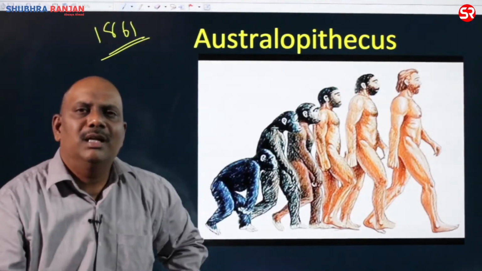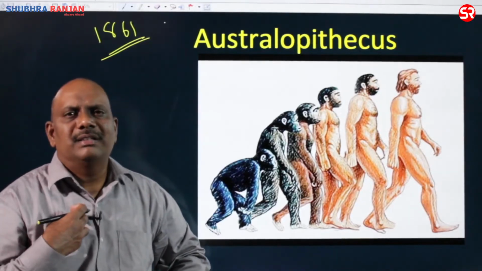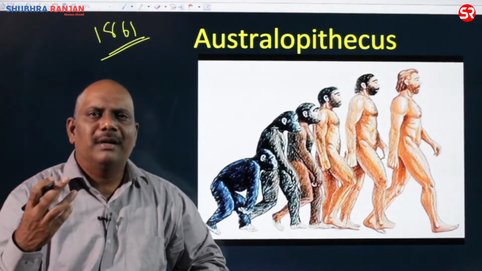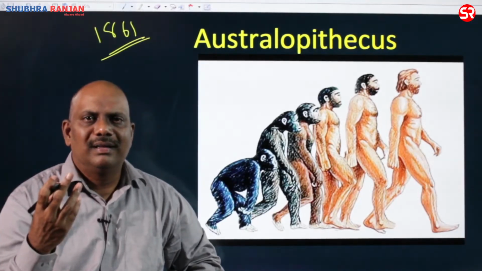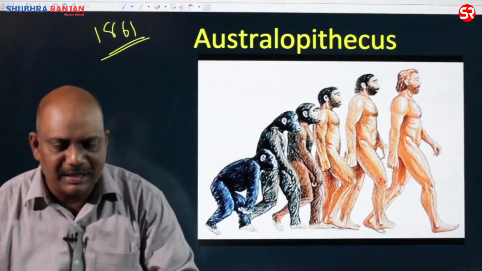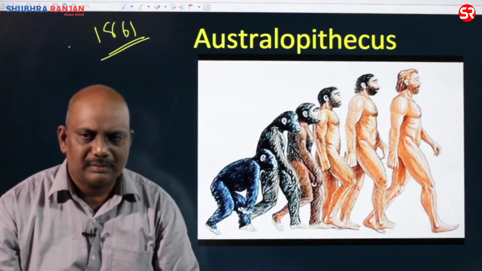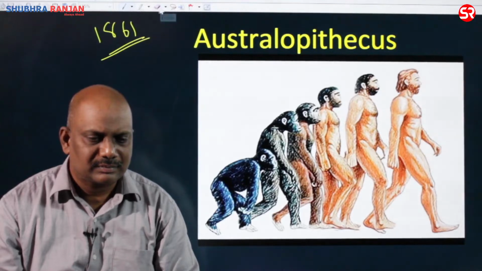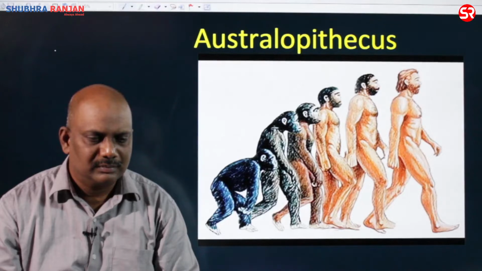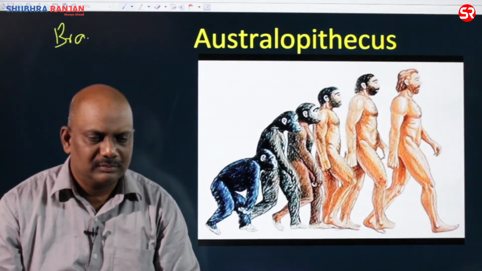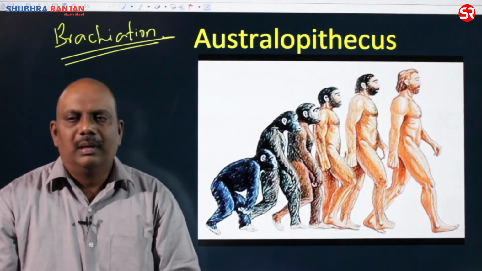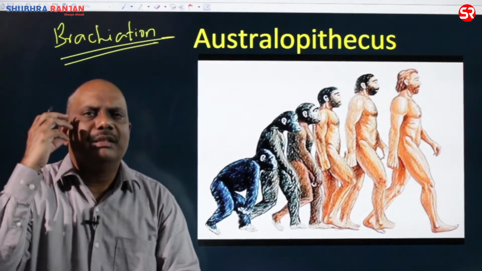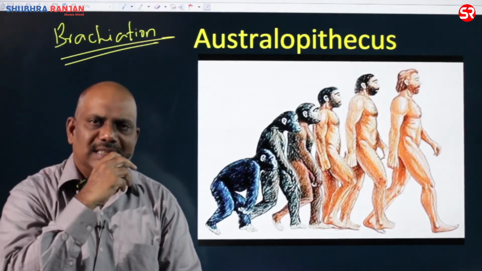Maybe some 10 million years ago, we human beings were completely arboreal. We lived by brachiation. Brachiation means jumping between branches like a monkey.